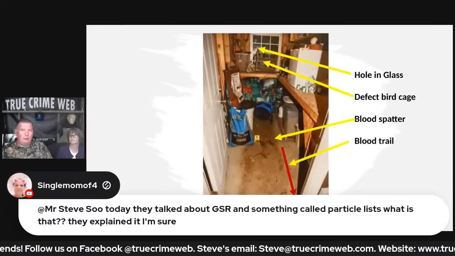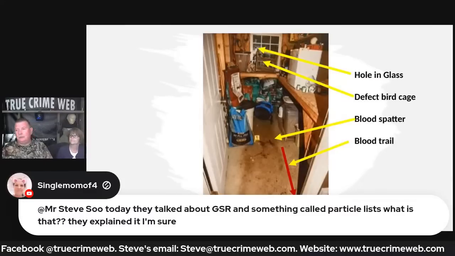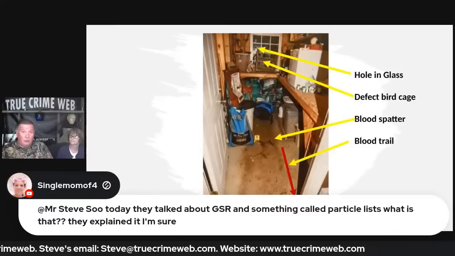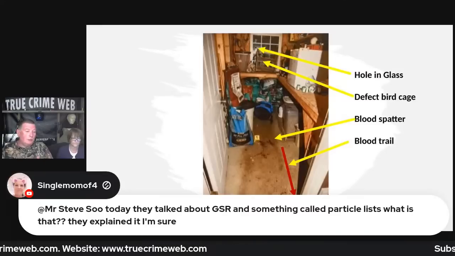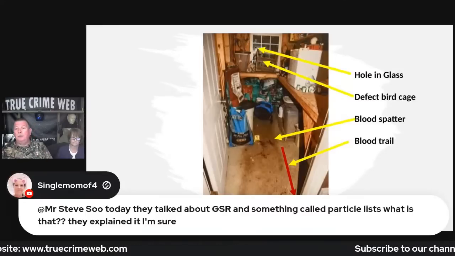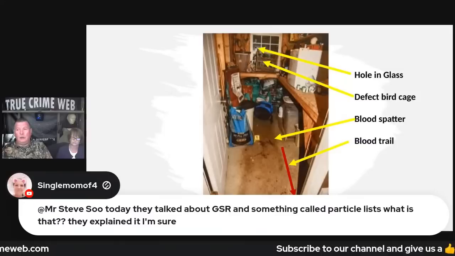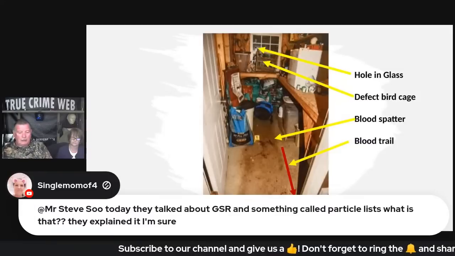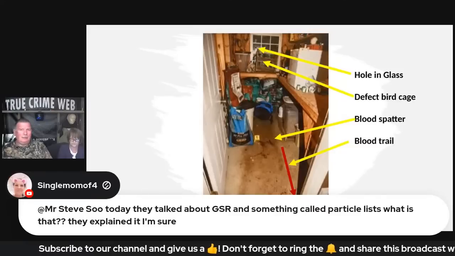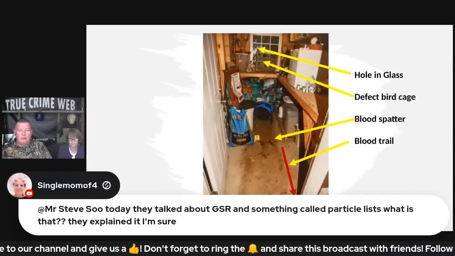Some of that gunpowder is converted into different types of particles, and then some of it is unburned and comes out through the muzzle blast, and creates the tattooing and the stippling. And so I would imagine that's what they're talking about, the particles. And sometimes it can even be pieces of lead and things.